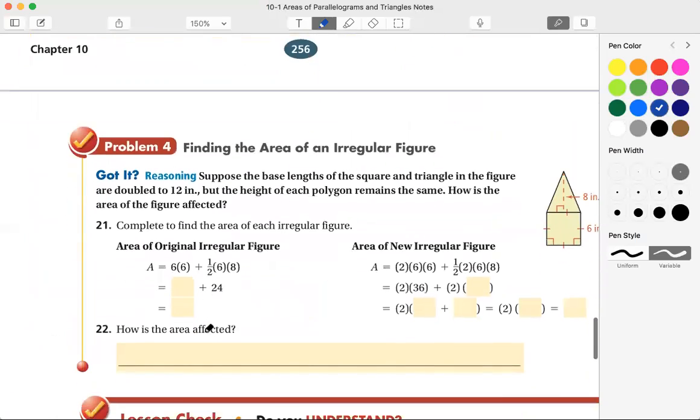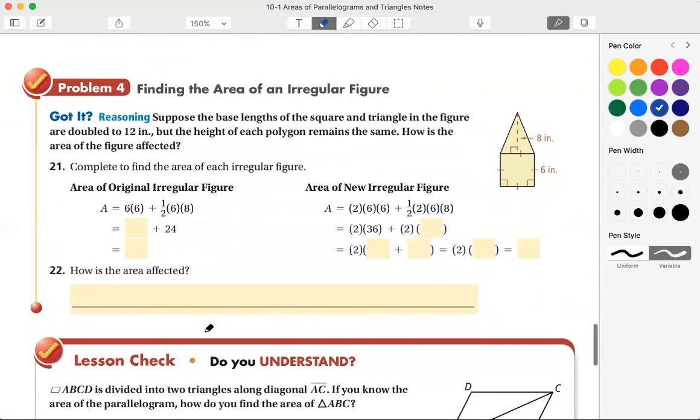Okay. So what if I have an irregular figure? Suppose the base lengths of the square and the triangle in the figure are doubled to 12 inches, but the height of the polygon remains the same. How is the area of the figure affected? The area of the original irregular figure is 6 times 6 plus 1/2 times 6 times 8. This is the area of the square at the bottom plus the area of the triangle at the top.